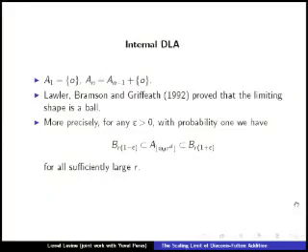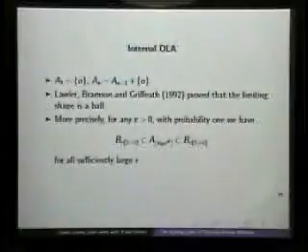Okay, so what exactly did they show? Well, let's say you start with n particles, where we're going to write n as omega_d r^d, where omega_d is the volume of the unit ball in R^d. If we start with this many particles, we should expect our set A_n to be approximately a ball of radius r.